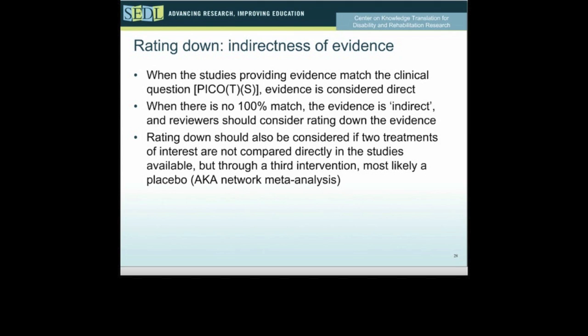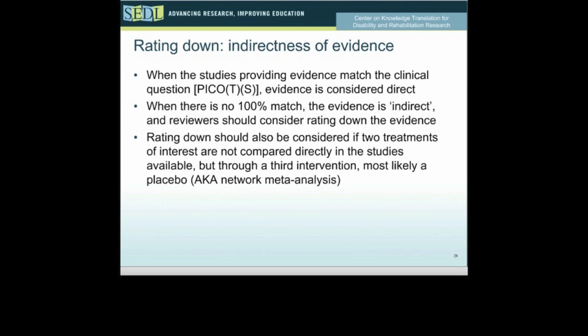Okay, the third reason for rating down evidence is when it's indirect. And indirect means you borrow evidence from a neighbor.